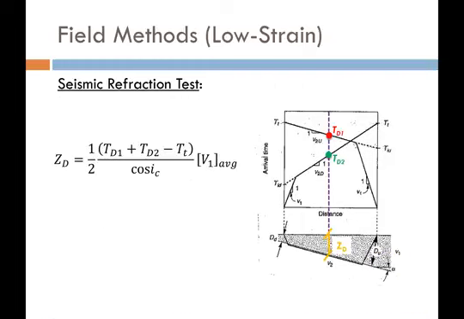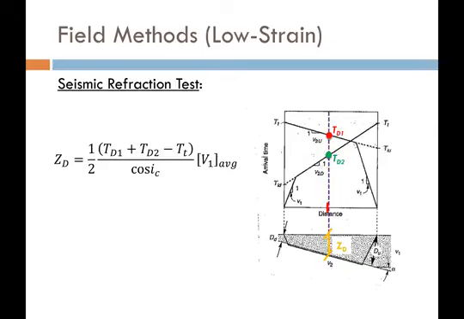So then what we can do is solve the depth from the ground surface to the top of layer 2. So the thickness, I guess, of layer 1 at any location or any distance here. Given this distance right here, we can say, all right, I know the time, what I say is time d1, from my first curve, and time d2, from my second curve.